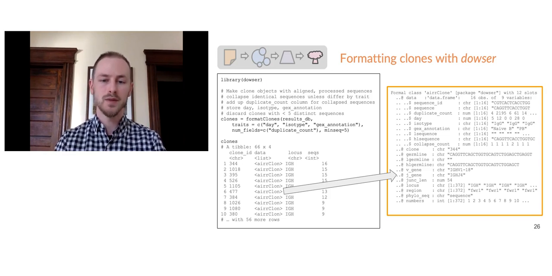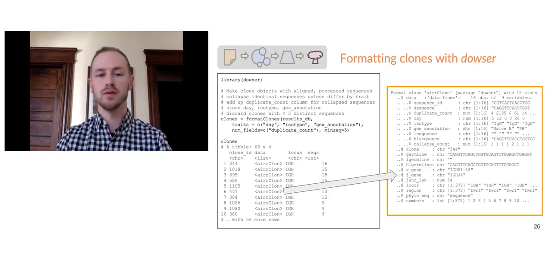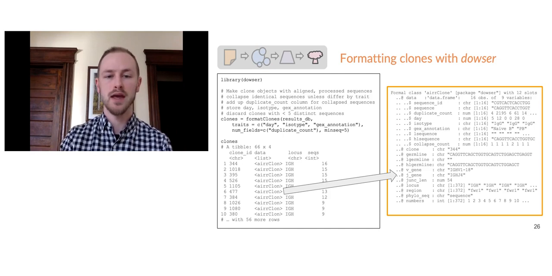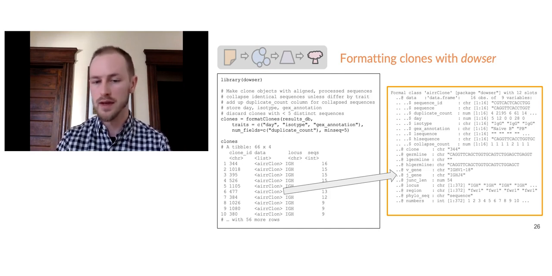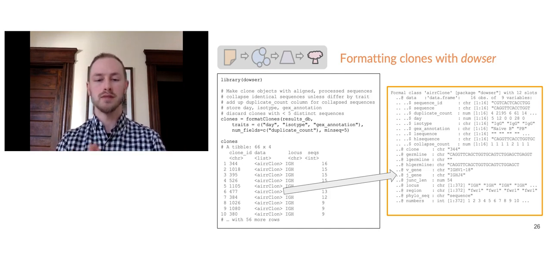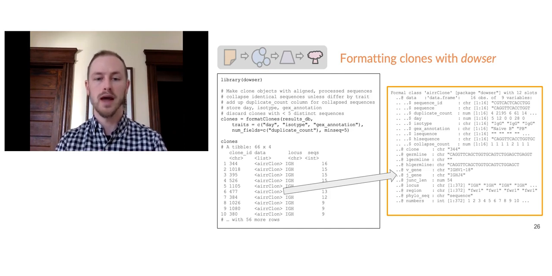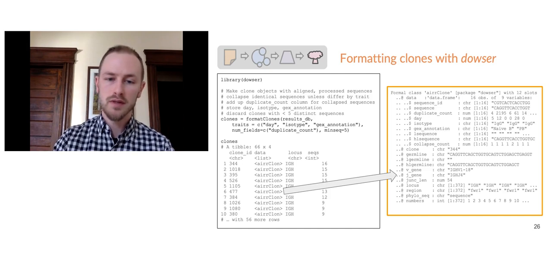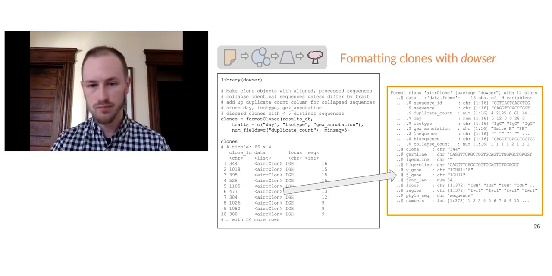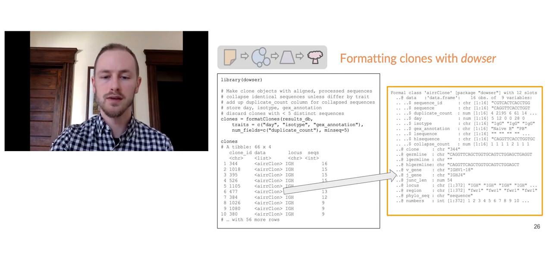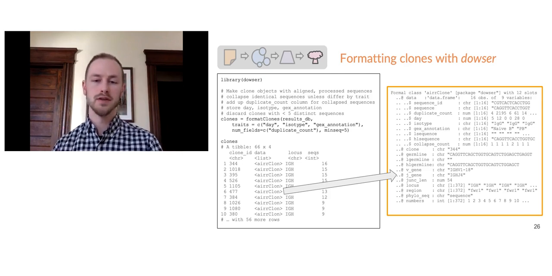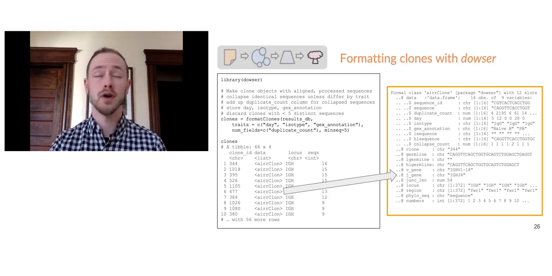However, if identical sequences differ by a trait value, which here we're specifying as the day, the isotype, or the cell annotation, those sequences will be kept distinct. Numerical fields will be added together if the sequence they're associated with is collapsed with another identical sequence. The minimum sequence field that we specify for format clones does pretty much exactly what it sounds like. It filters out clones that have fewer than the specified number of sequences.